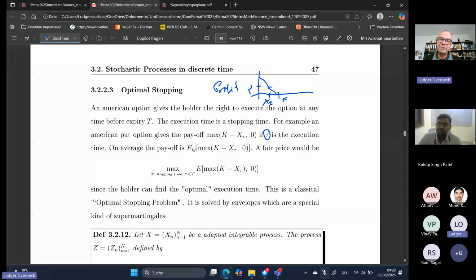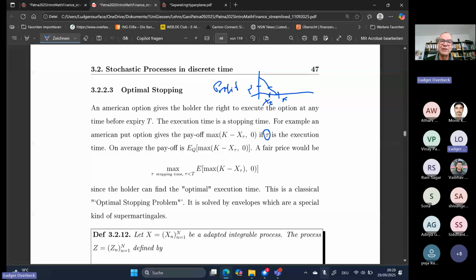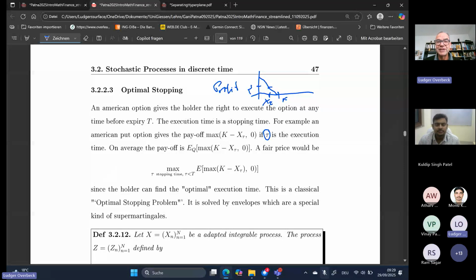So if you have a bid and ask spread, some people solve it by control. They also have assumptions on the bid-ask spread, but the general approach is that instead of considering only one process, S_t, the price process, they consider two processes: the upper and the lower price. You do everything we do here with two prices. Also replication, of course.